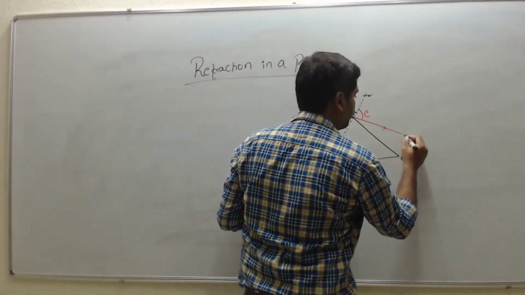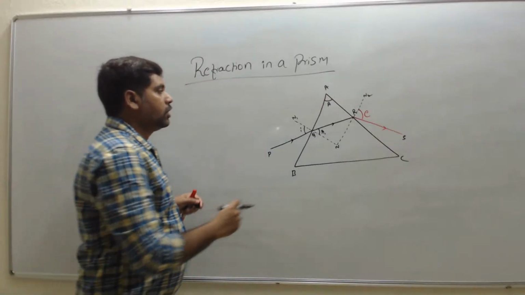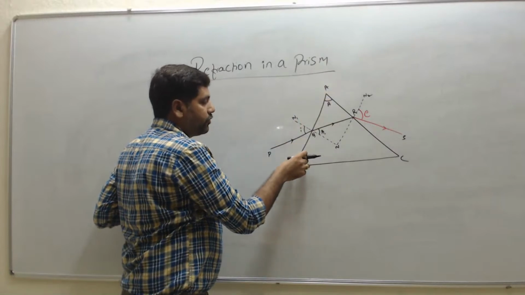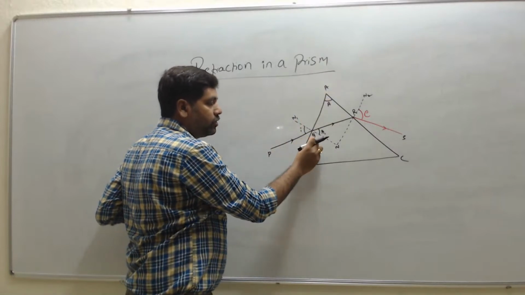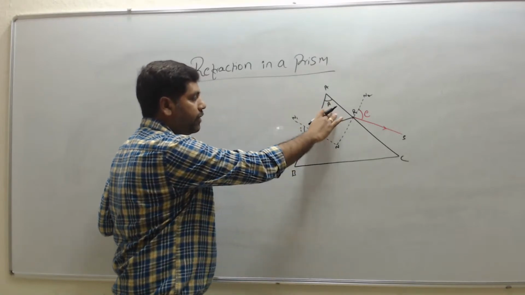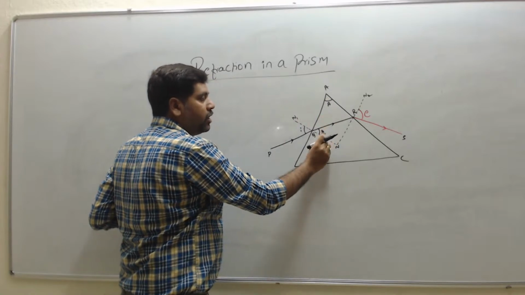So this one is S. When the light is incident on the first face, PQ is the incident ray and the light travels from rarer to denser medium, so the refracted ray is bent towards the normal.